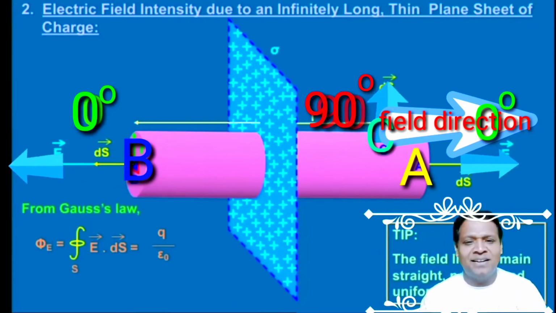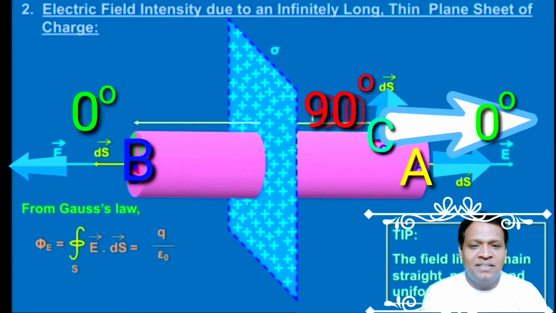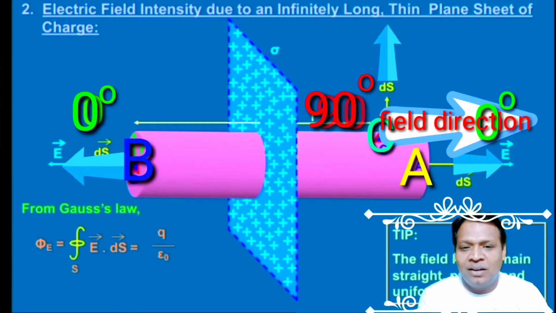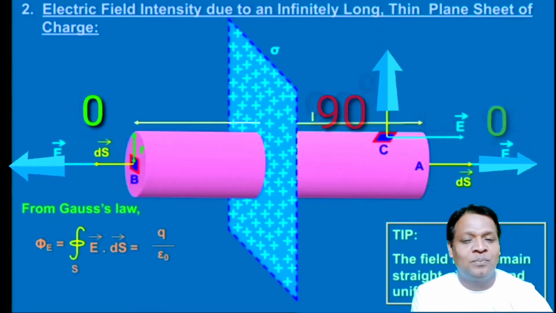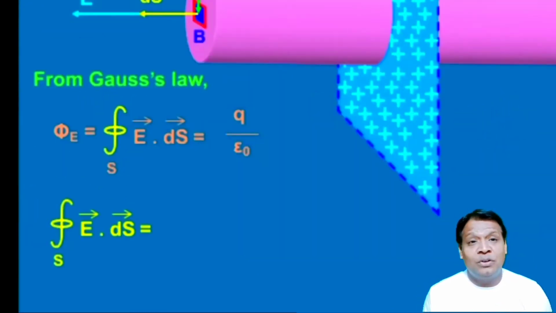By Gauss theorem, we can say that the total flux is equal to q upon epsilon naught. That is the statement of the Gauss theorem. Now let us evaluate the total flux due to this entire geometry.